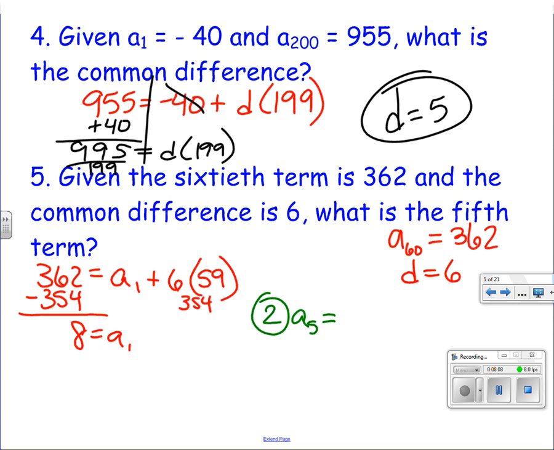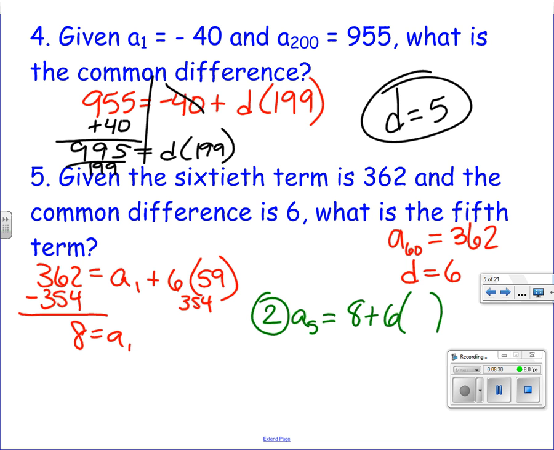Okay. All right, Autumn, help me set this one up. So A sub 5 equals, what goes in for A1? 8. What goes in for D? 6.